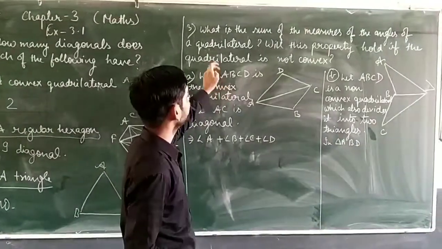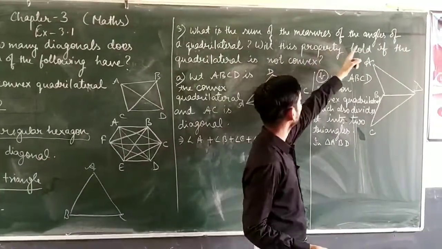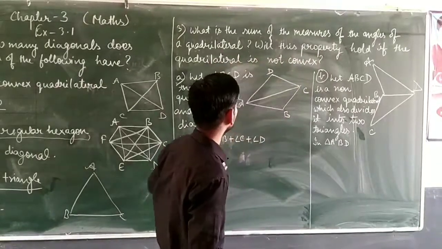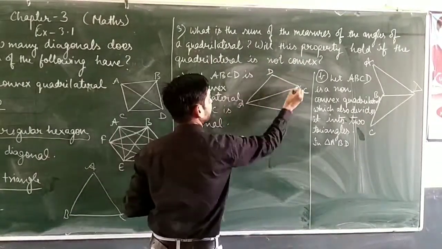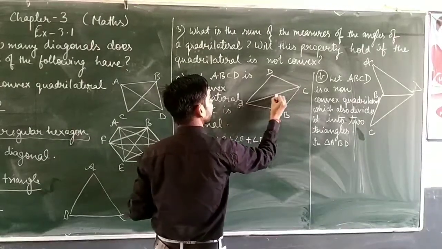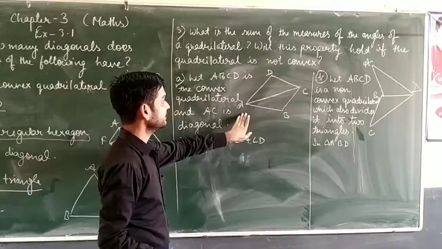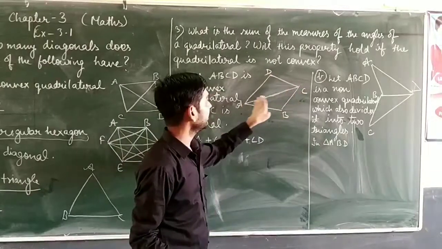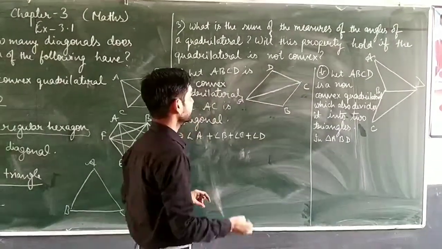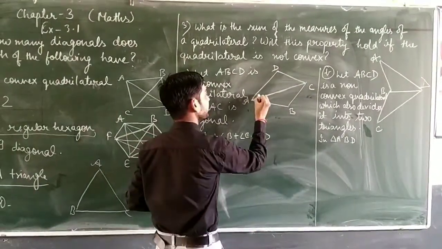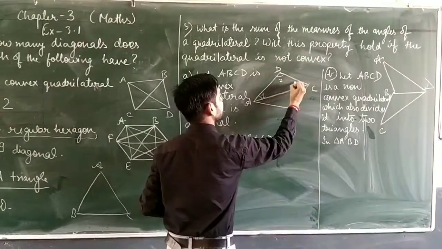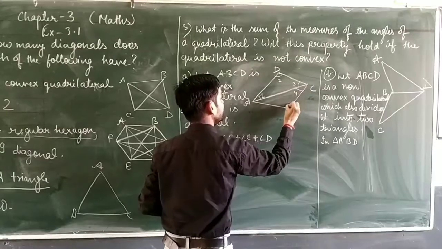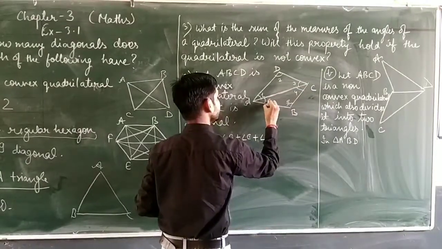In the question number 3, what is the sum of measures of angles of a quadrilateral? Let's see this figure. This is a quadrilateral. We make a diagonal. Quadrilateral is ABCD and we make a diagonal AC. Let's assume the angles. Suppose it is 1, it is 2, it is 3, it is 4, it is 5, it is 6.